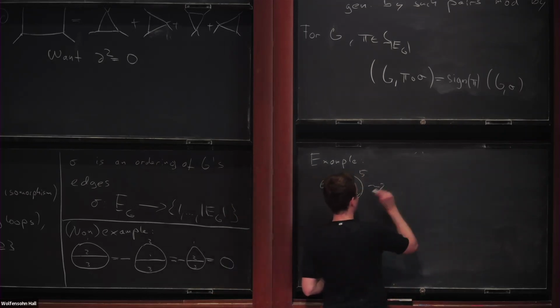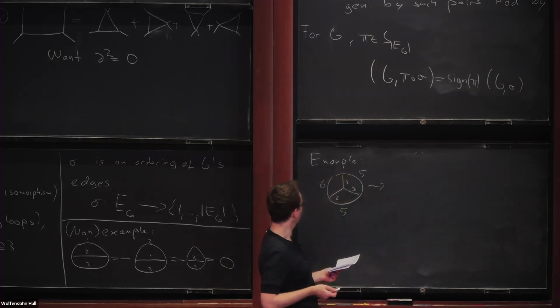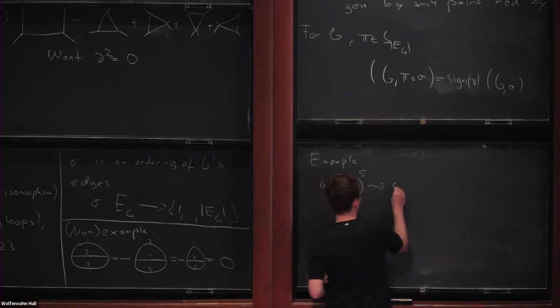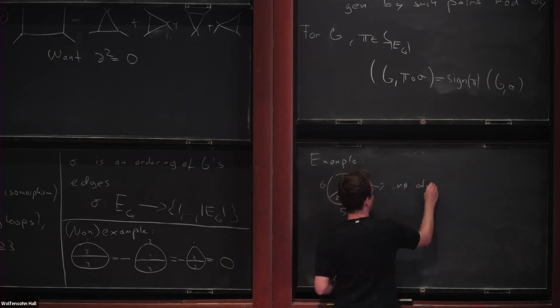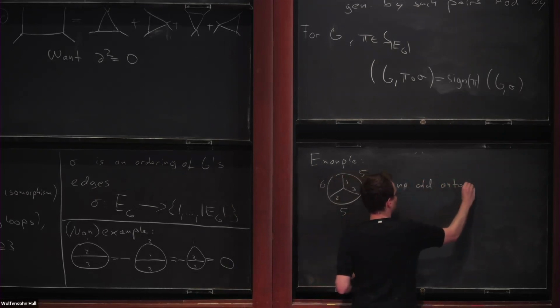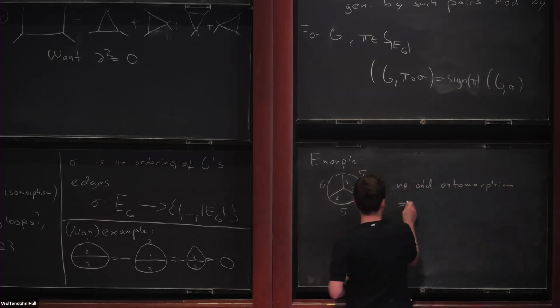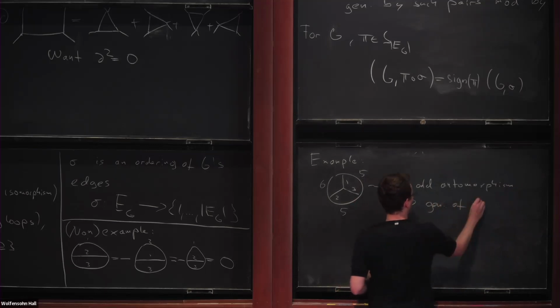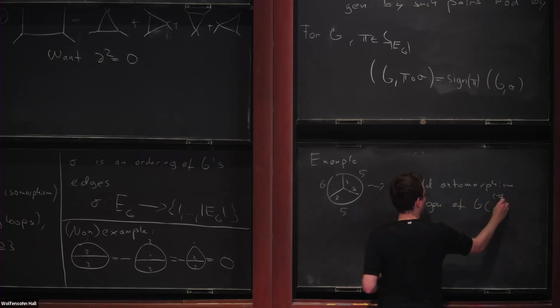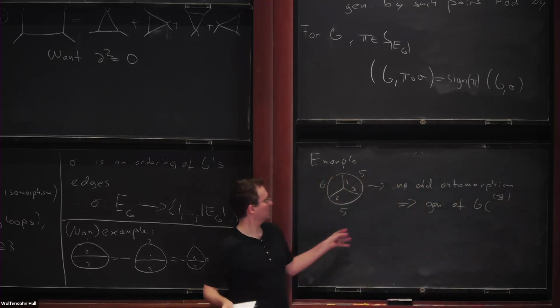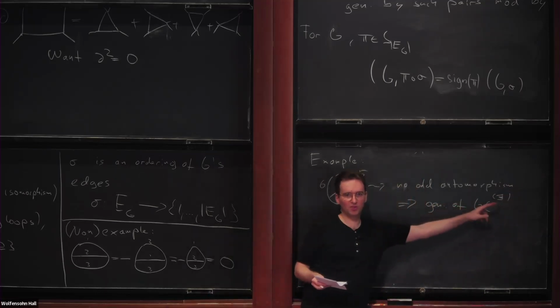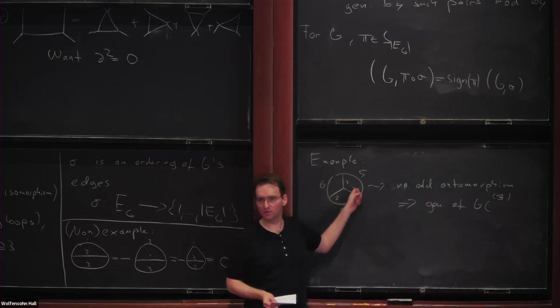So this has no orientation changing automorphism. And this means that this is orientable, or has no odd automorphism. And so this gives a generator of the graph complex with 3 loops, because this graph has 3 loops.